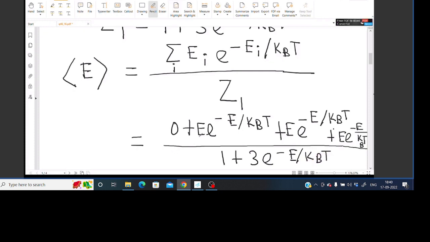In the numerator, E into e to the power minus E by kBT appears 3 times because the degeneracy of the level with energy E is 3.